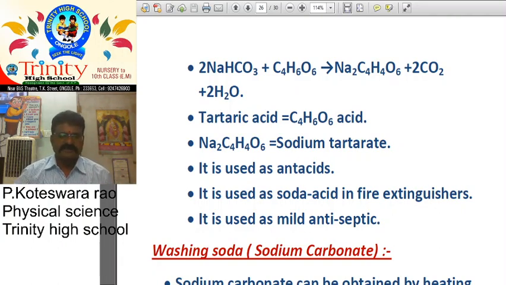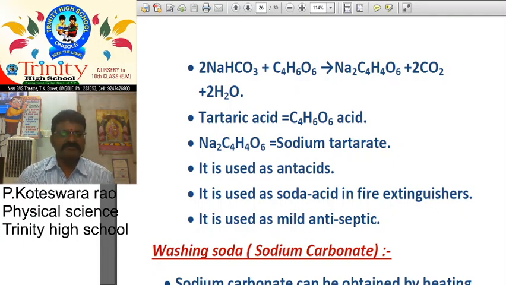And after that, it is used in soda acid fire extinguishers. Which gas is eliminated here? CO2. So NaHCO3 is used in soda acid and fire extinguishers. And what about the last use of our baking soda?